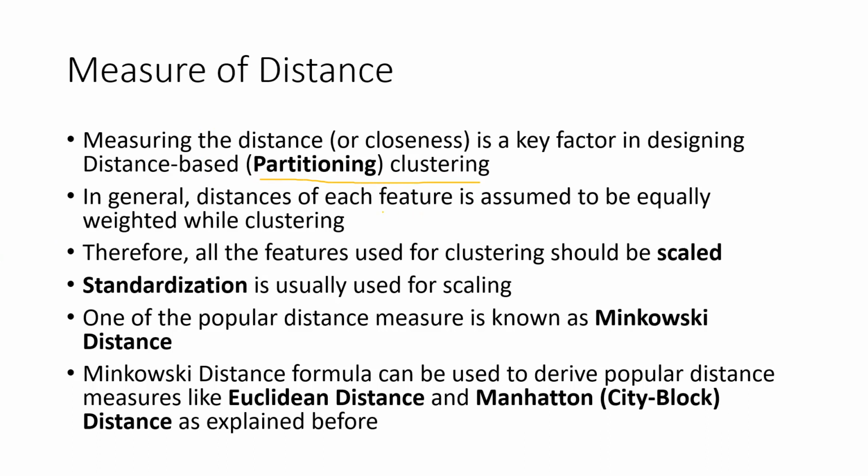As in the k-nearest neighbors, the distance of each feature is assumed to be equally weighted while clustering. That means we assume each dimension is equally important, right? If you have some less significant features, that could reduce the accuracy of your model, because you have given the same priority to a less significant feature as to a highly significant feature.